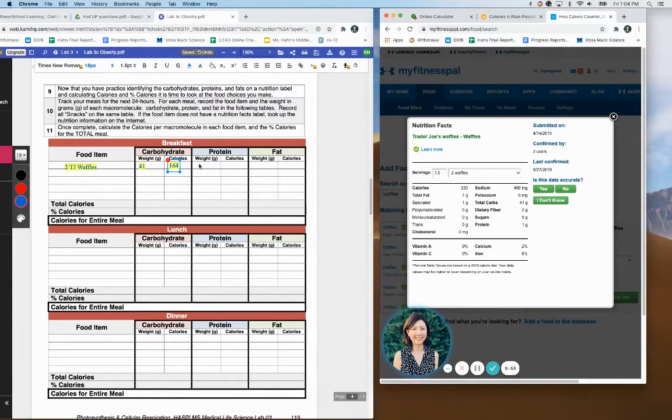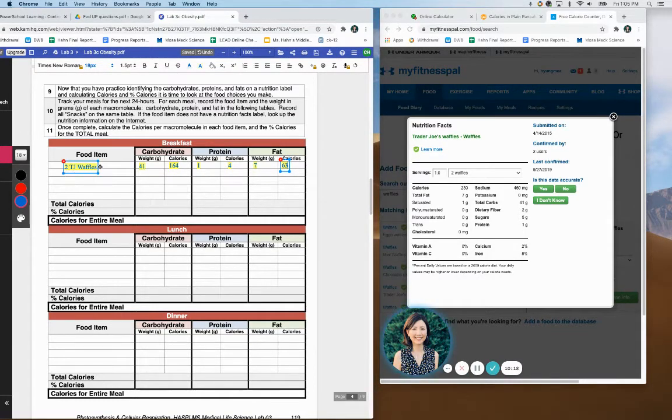There's only 1 gram of protein, and 1 times 4 is going to be 4 calories. And fats, I've got 7 grams of fats, and fats I multiply by 9, so that'll be 63 calories in my waffles.